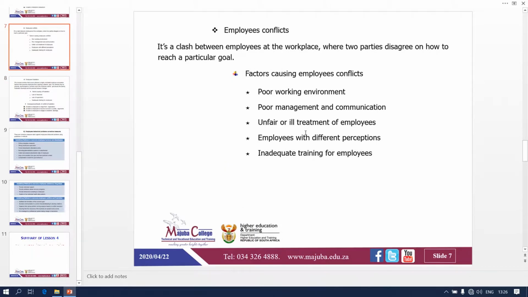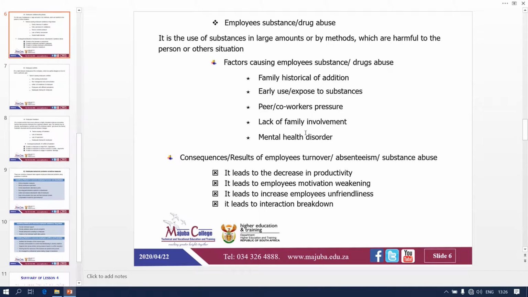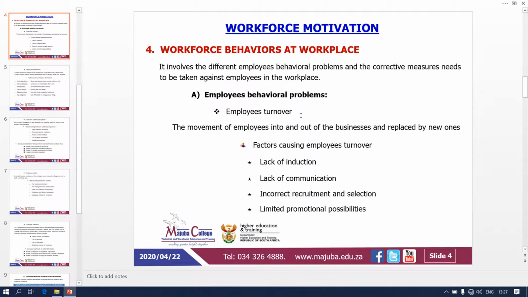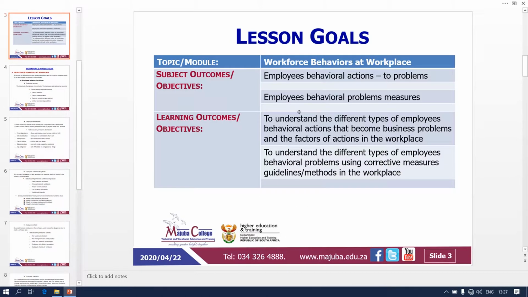We also looked at the big 3, which is staff turnover, absenteeism, and drug abuse, and then the consequences, the results of the big three. There is absenteeism and the factors. We looked at employees' turnover and the factors. And then I think we've covered all outcomes in terms of subject and learning.